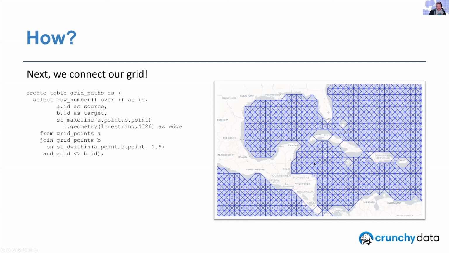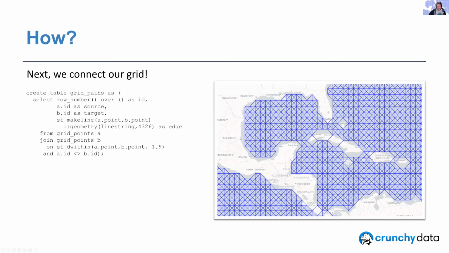Basically, this gives us the diagonals. You could say 1.5, 1.6, 1.7. Because this is in the 4326 coordinates, we're dealing in degrees. We know that the diagonal is going to be somewhere around there, and one from lat or long directs.